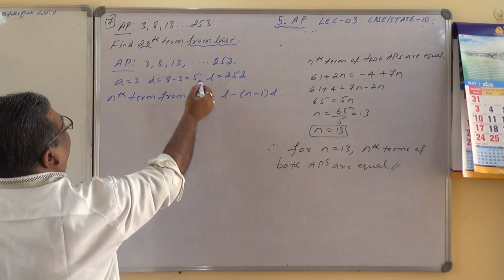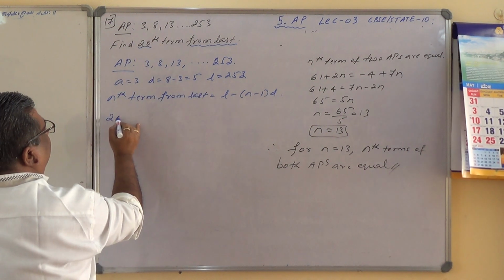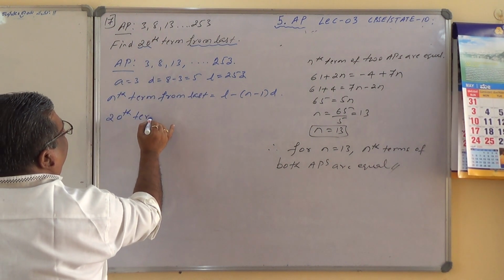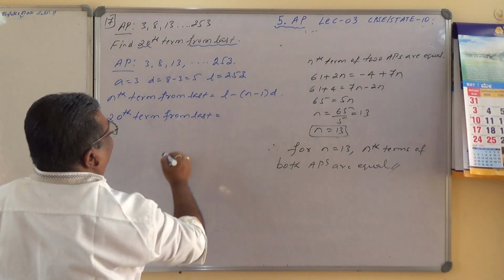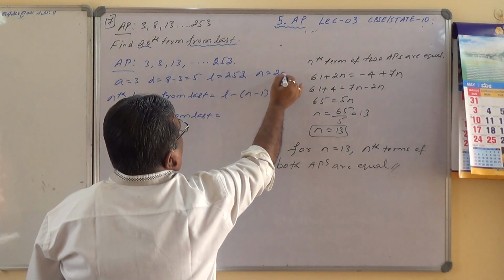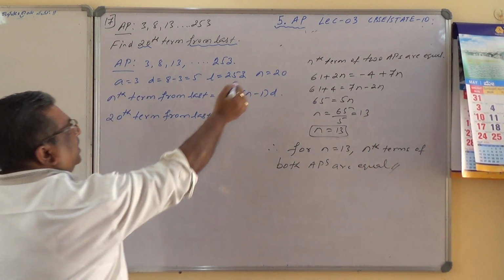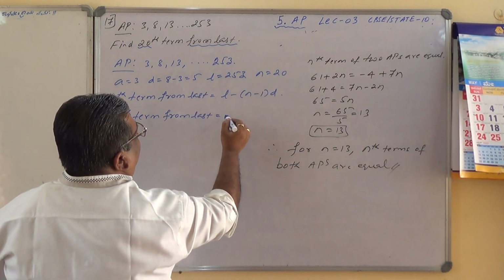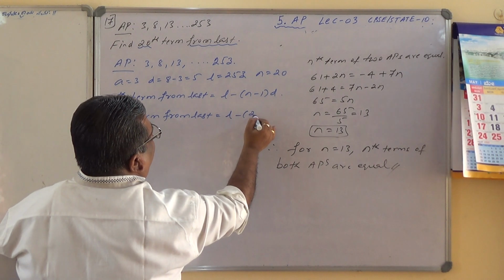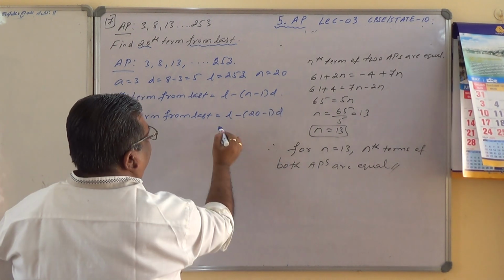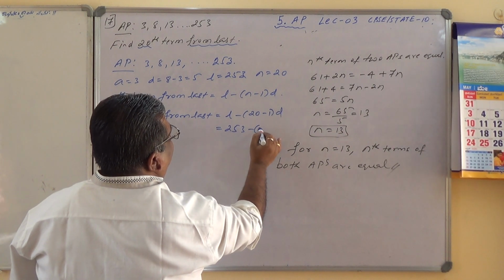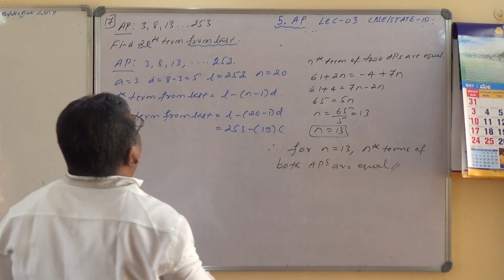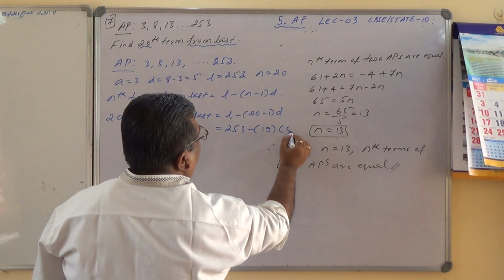So which term do we have to find? The 20th term from the last, meaning n equals 20 here. L minus (20 minus 1) times D. L is how much? 253, minus 19 times D. D is 5.